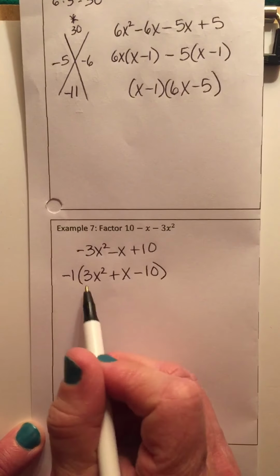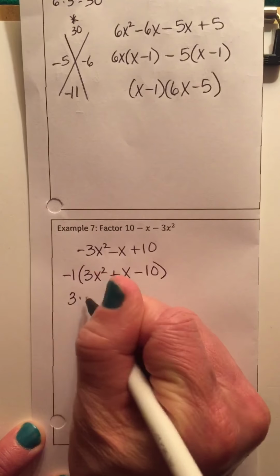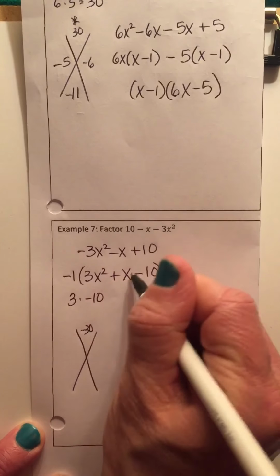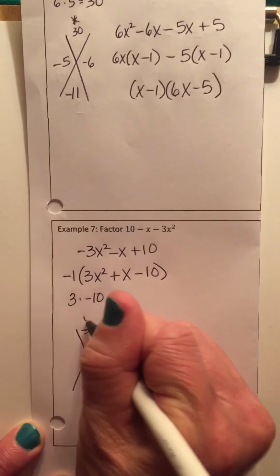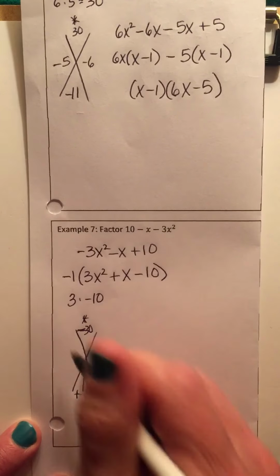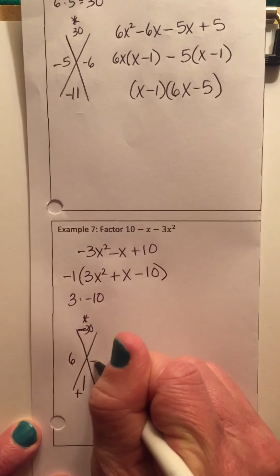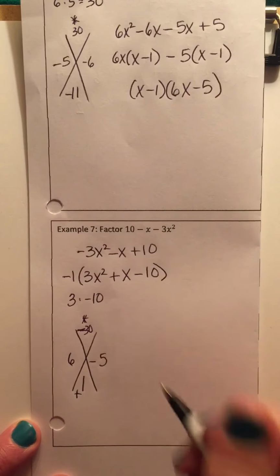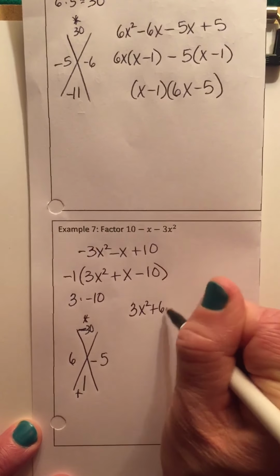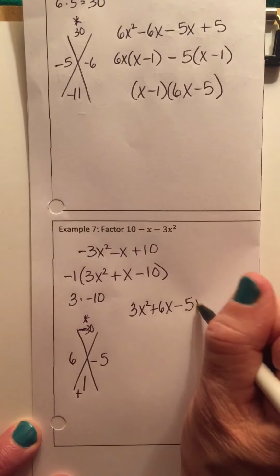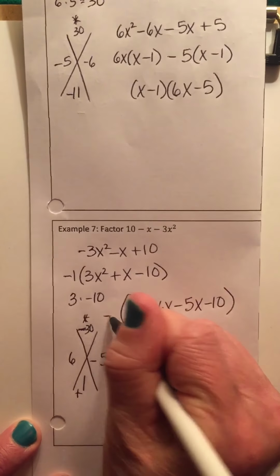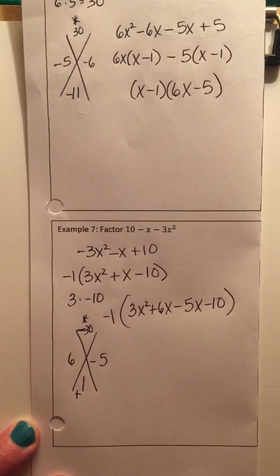And this time we are going to multiply 3 times negative 10, which is negative 30, and positive 1. So what multiplies to negative 30 and adds to 1? It's going to be positive 6 and negative 5.